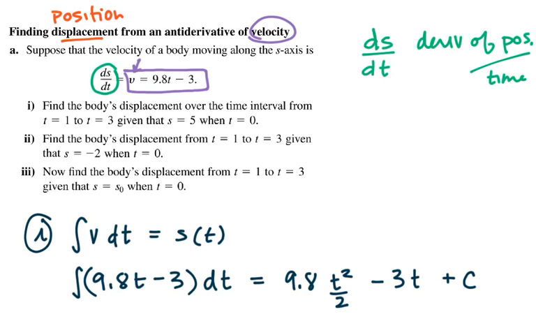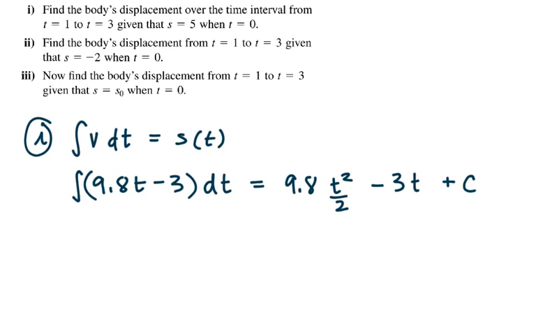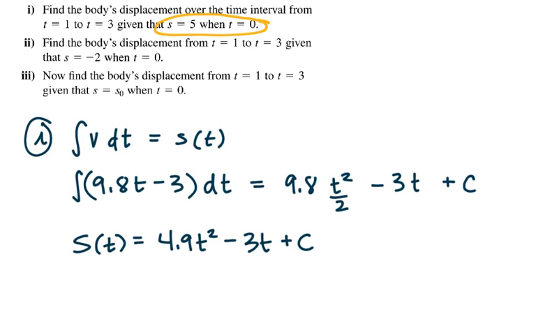Okay, so this represents my position function, but it's not an exact position function yet. What we have here is that s of t, 9.8 divided by 2, I've got 4.9t squared minus 3t plus c. So this is our general position function, but in this situation, we are given an initial condition. We know that the position is 5 when t is equal to 0.